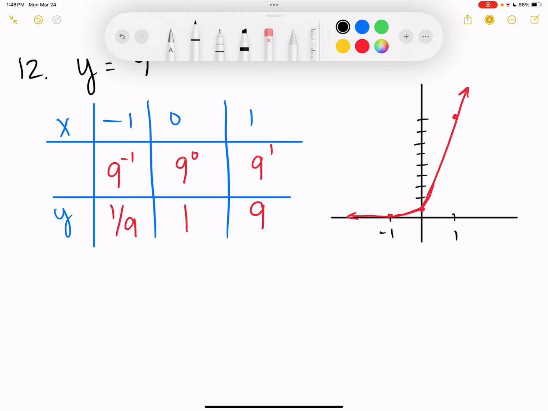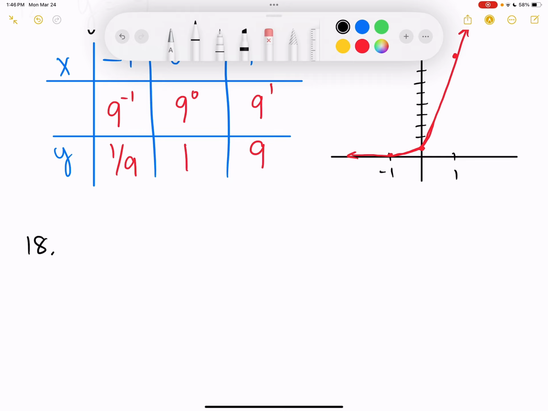Jumping to 18. y equals, in parentheses, 7/2 raised to the x. So what's different about this one? It's a fraction, but what is that fraction equivalent to?